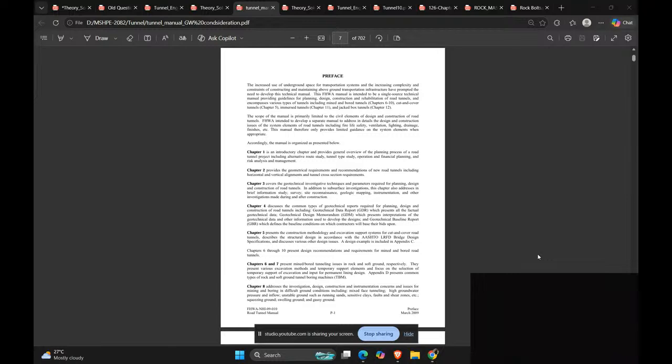For a gallery size of 3 by 5 meter, determine the length and the spacing of the 15 mm diameter bolt with a yield of 60 kilonewton.